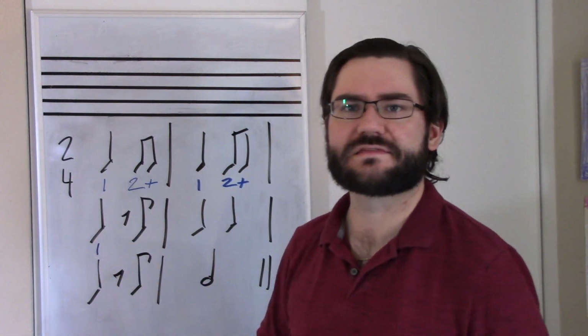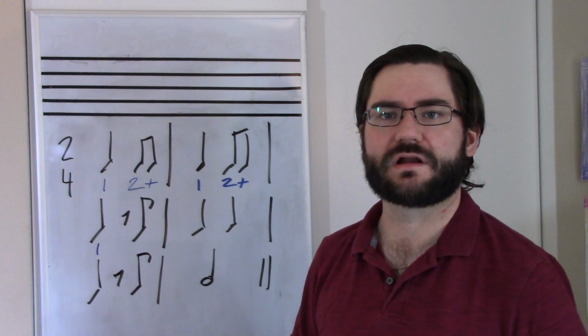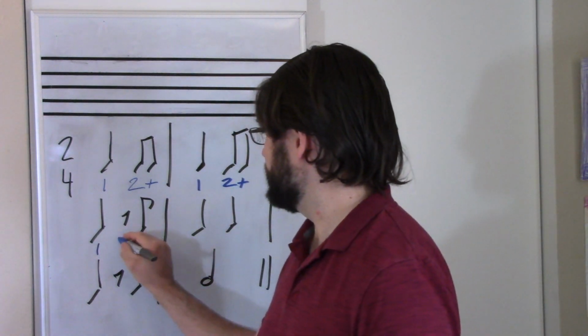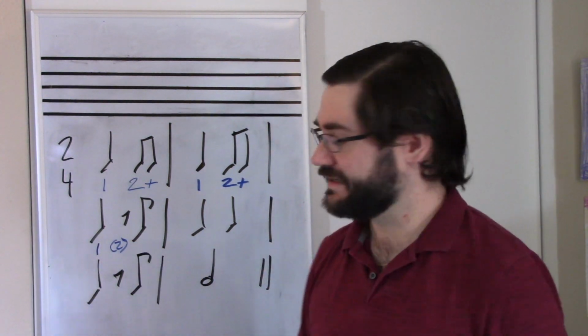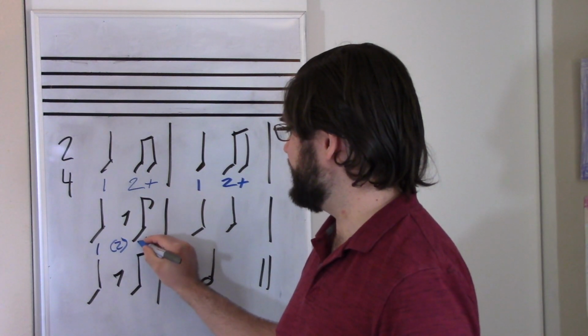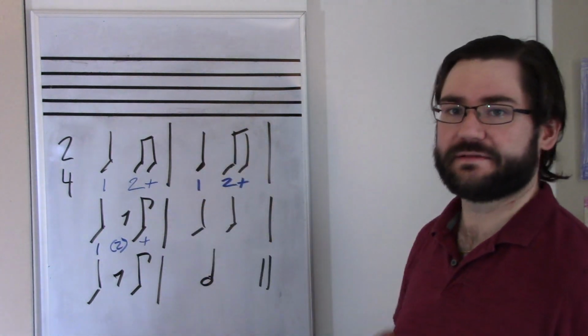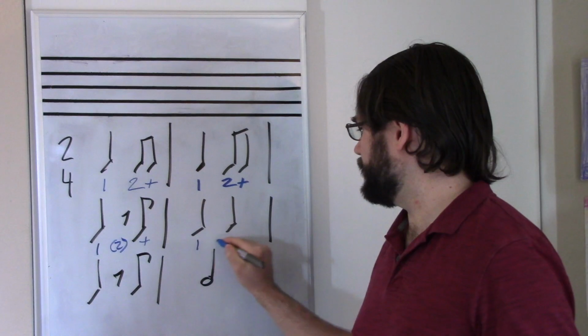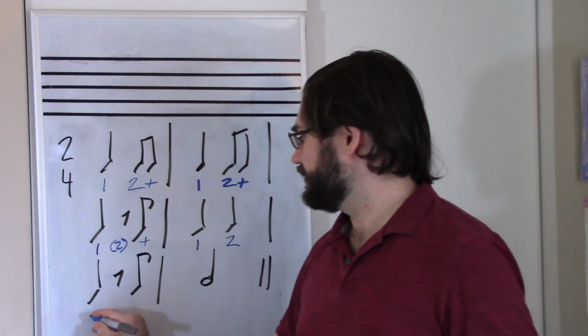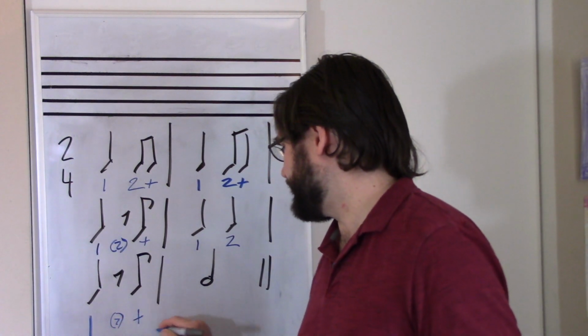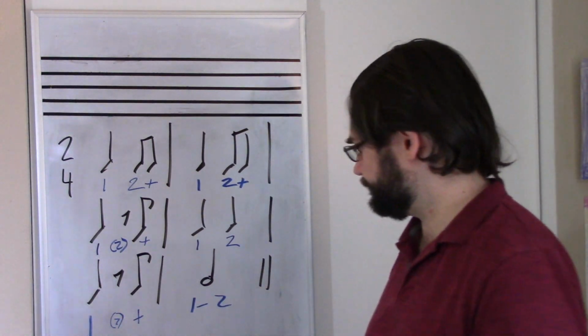What about the eighth rest? What beat does that happen on? Did you get 2? This is beat 2, but beat 2 is silent. And then the eighth note is the and of beat 2. So if you look, they're pretty much the same. Then we get 1, 2. We have a repeat, 1, rest on 2, and then 1-2.